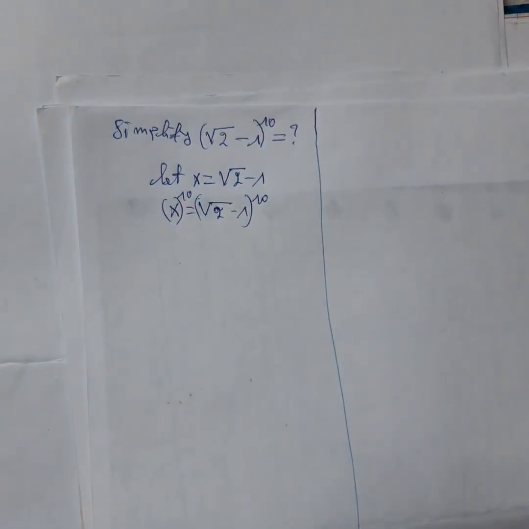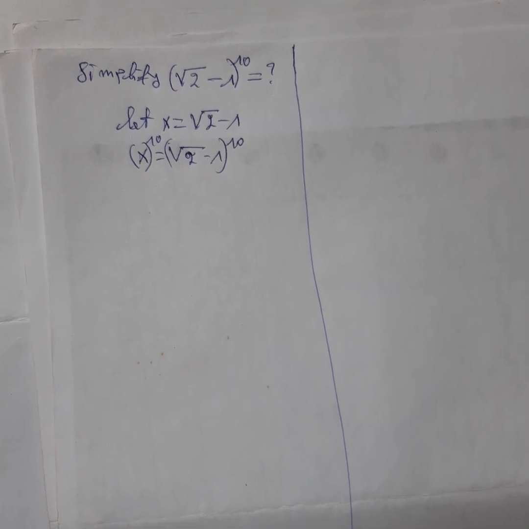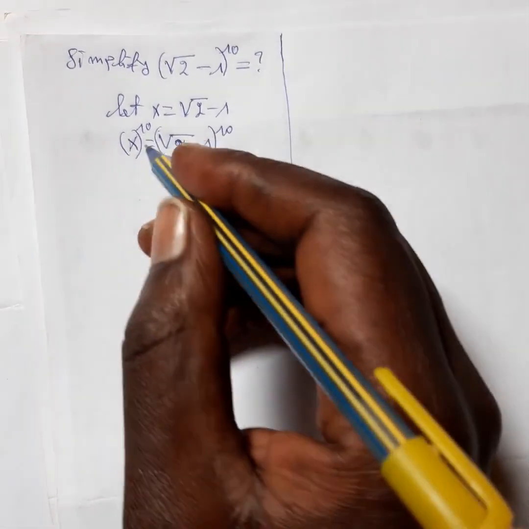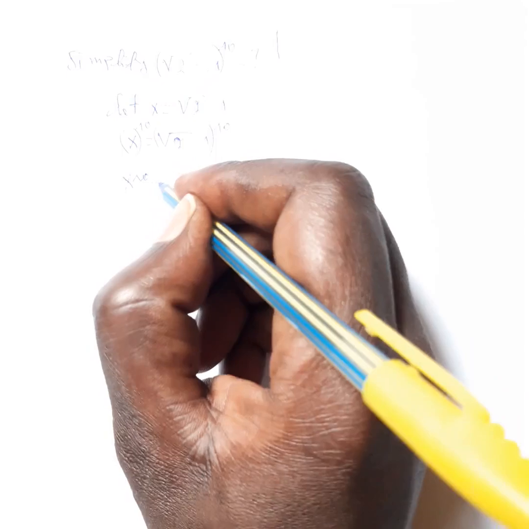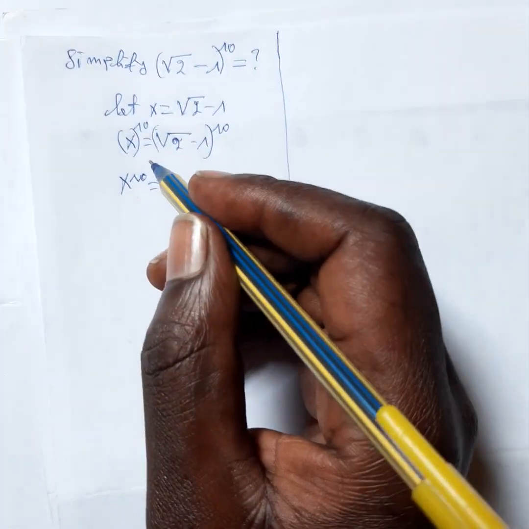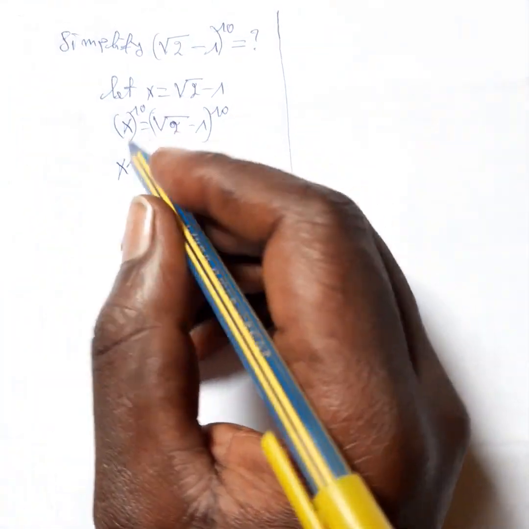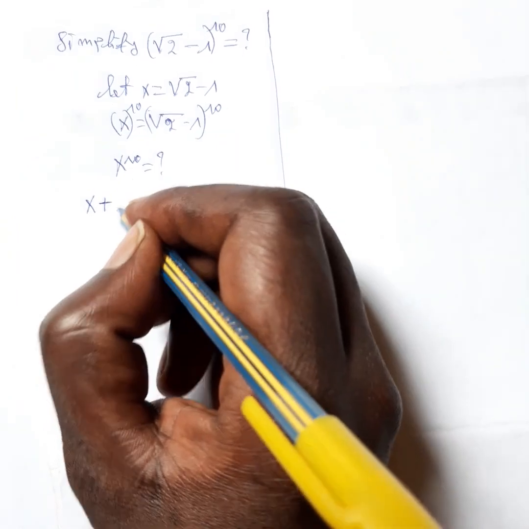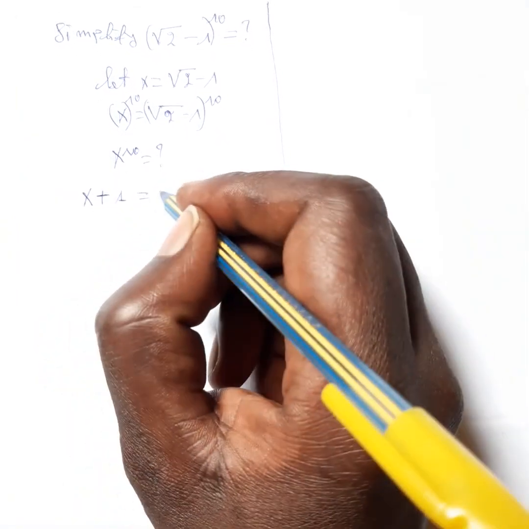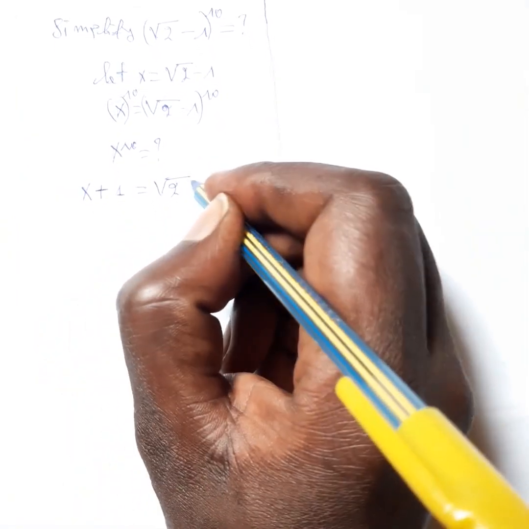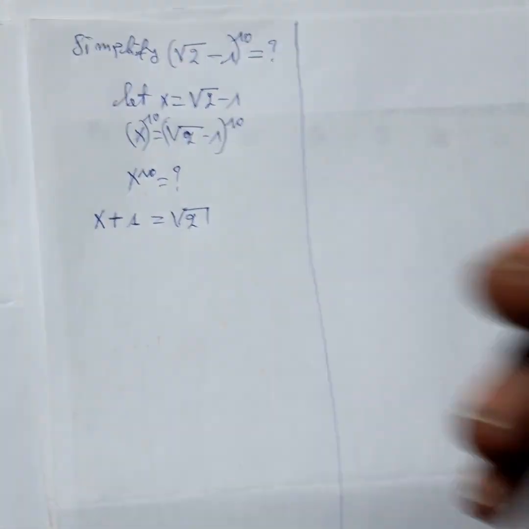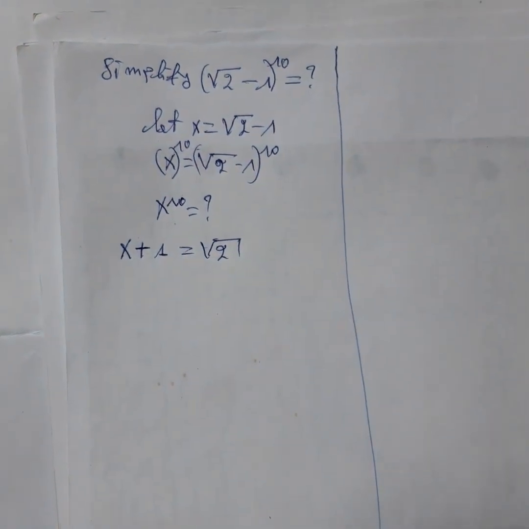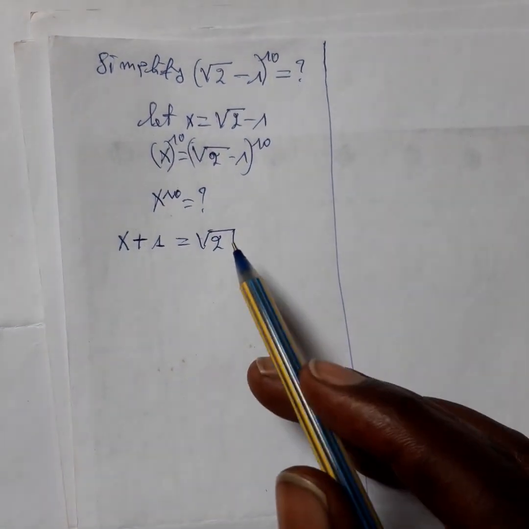So we are going to find the value of x to the power 10. But first, x plus 1 is equal to square root of 2. So we are squaring both sides to remove the square root.